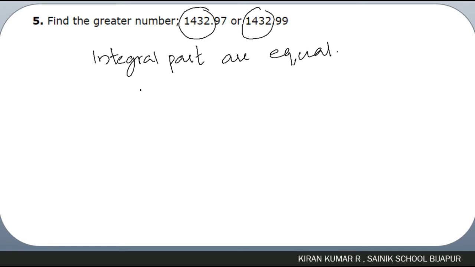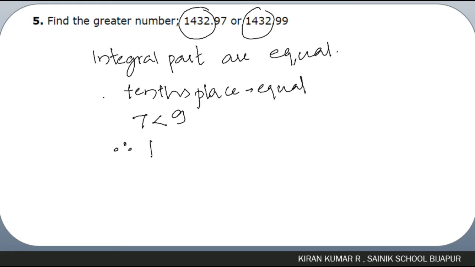The tenths places are equal. Now we will look at the hundredths place. 7 is smaller compared to 9. That is the reason why 1432.97 is smaller than 1432.99.